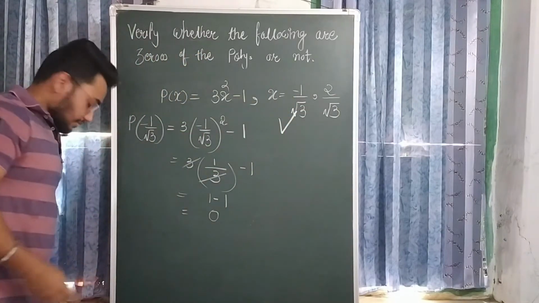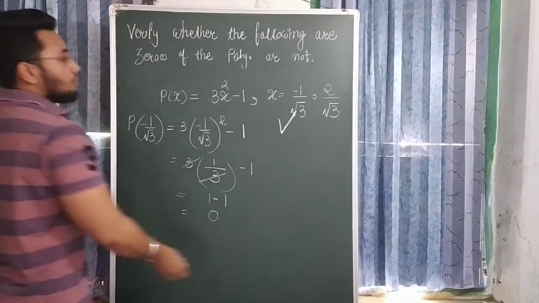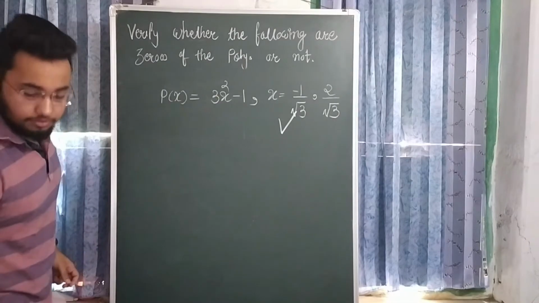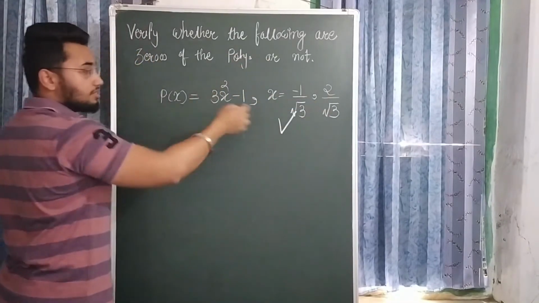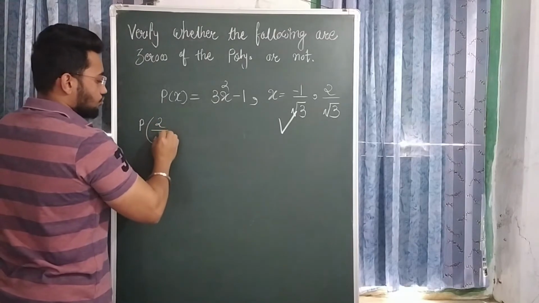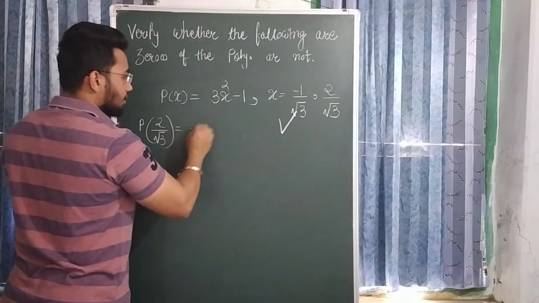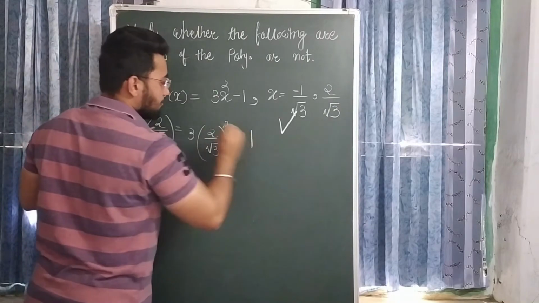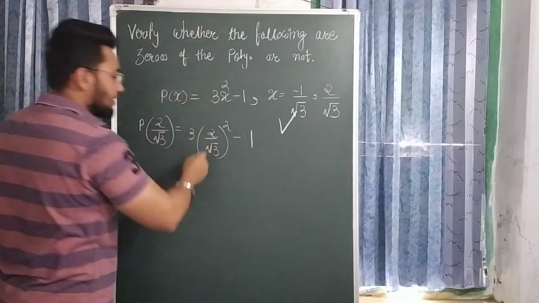Yes. Now we have to check one more. 2 by root 3. You have to check whether this is a zero of this polynomial or not. 2 by root 3 whole square minus 1. Simple, I just put the value.